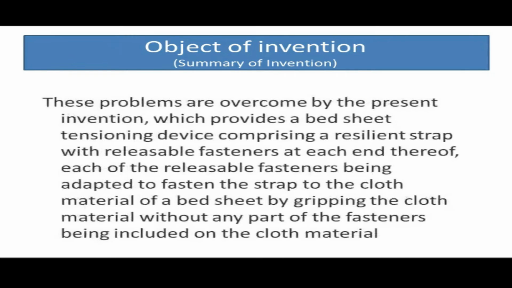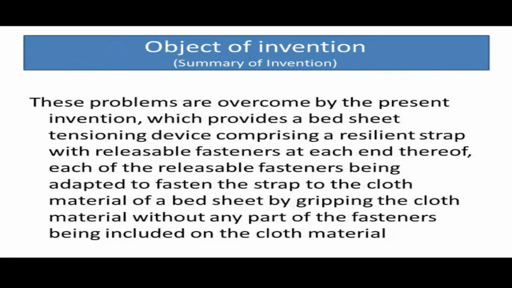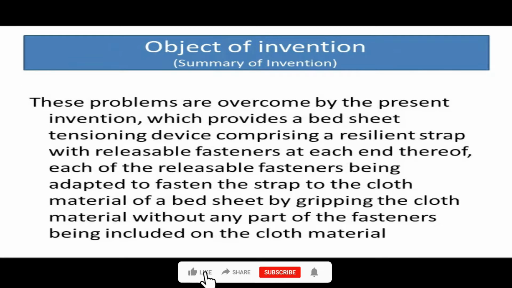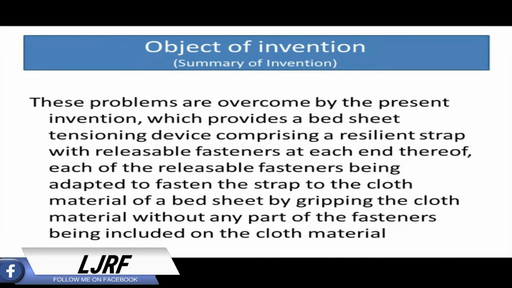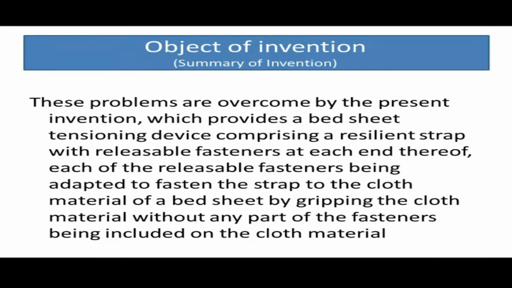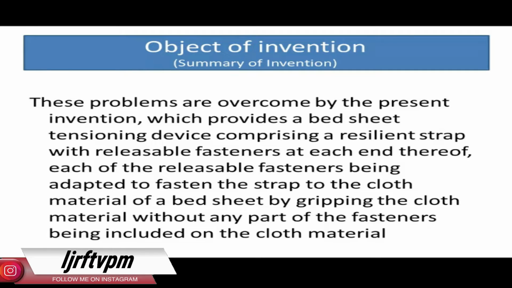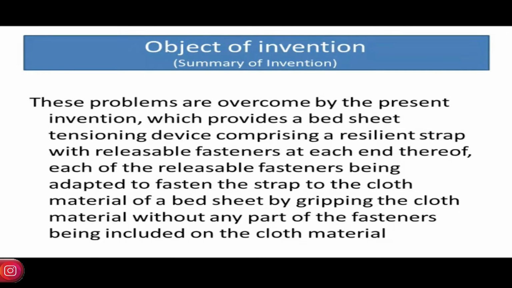What's the invention? These problems are overcome by the present invention. The problems associated with the prior art technology are being solved here. And something is being offered in the form of a new device which will solve this problem, which provides a bedsheet tensioning device.